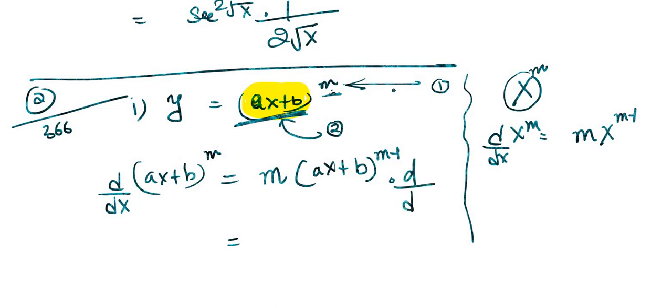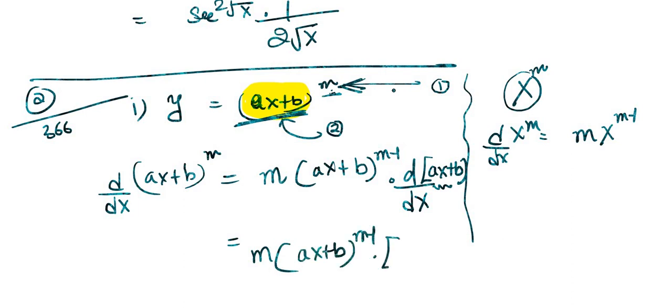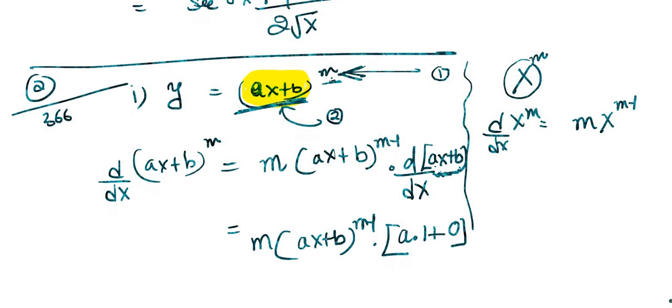So for that, I will differentiate this part, the second function now, because it has a function inside a function. The first I have taken care of. Now the second I have to take care of. So this will be (ax plus b) power m minus 1 times the derivative of this. You would have learnt this in class 11. A as it is, the derivative of x is 1 and the derivative of b is 0.